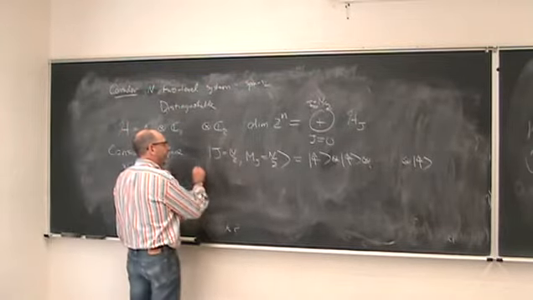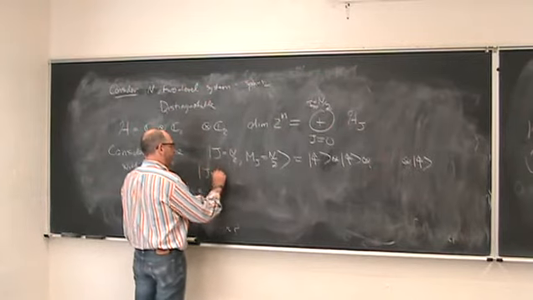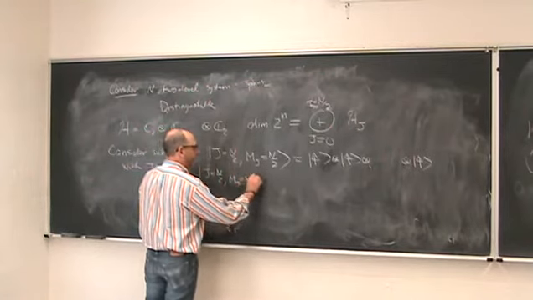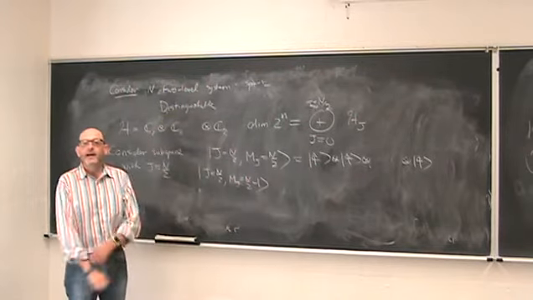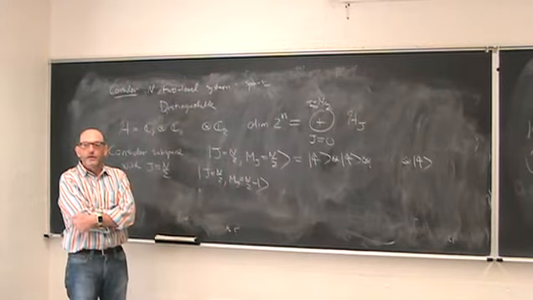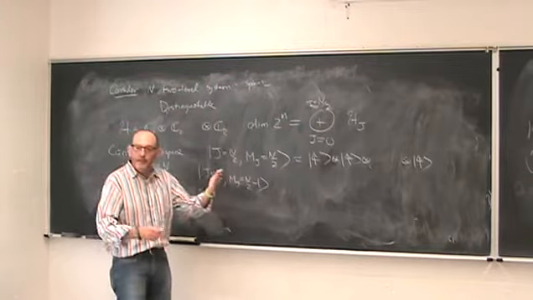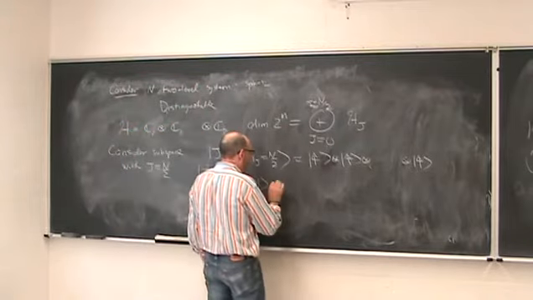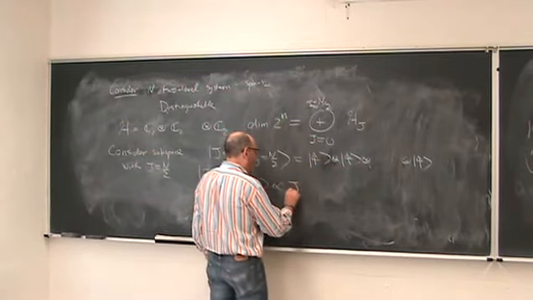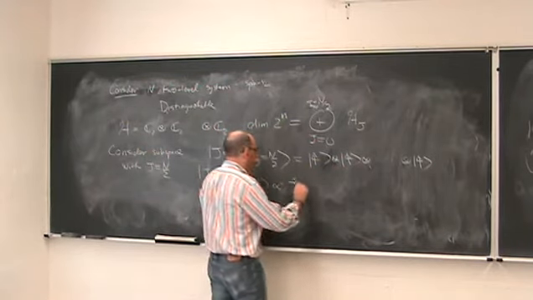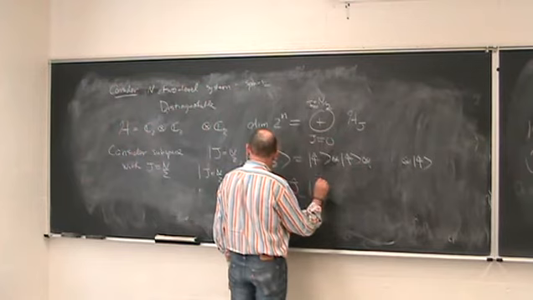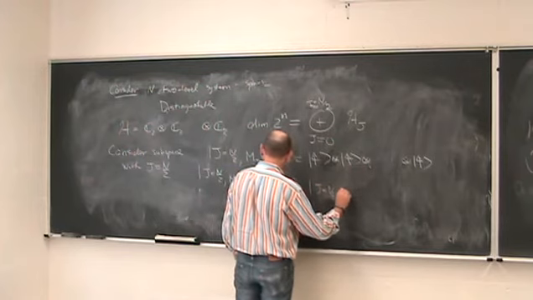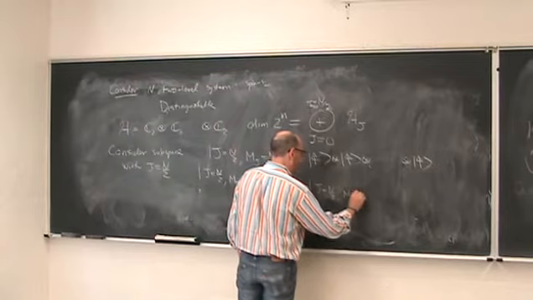What about the state where j is n over 2 and m sub j is n over 2 minus 1? How would I obtain that state? I'd obtain it by applying the lowering operator, so this is proportional to the lowering operator on this state. It doesn't change j, but it changes m.